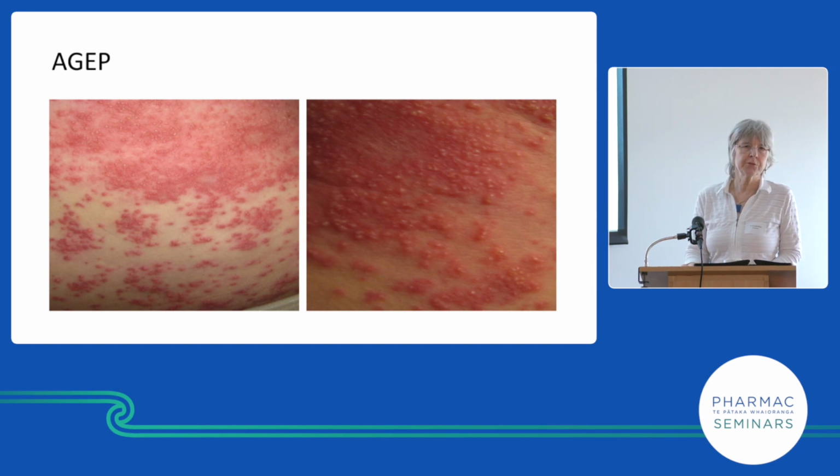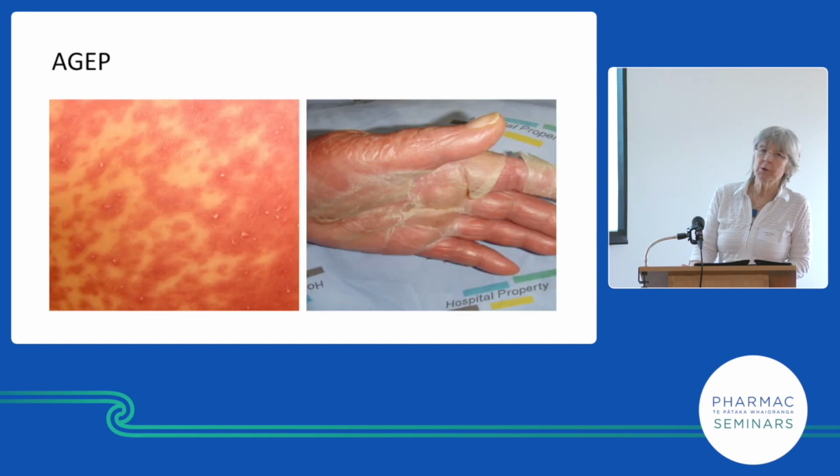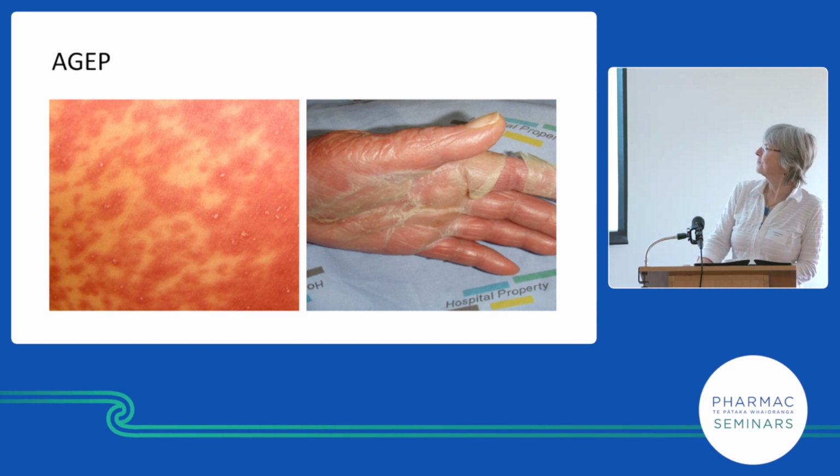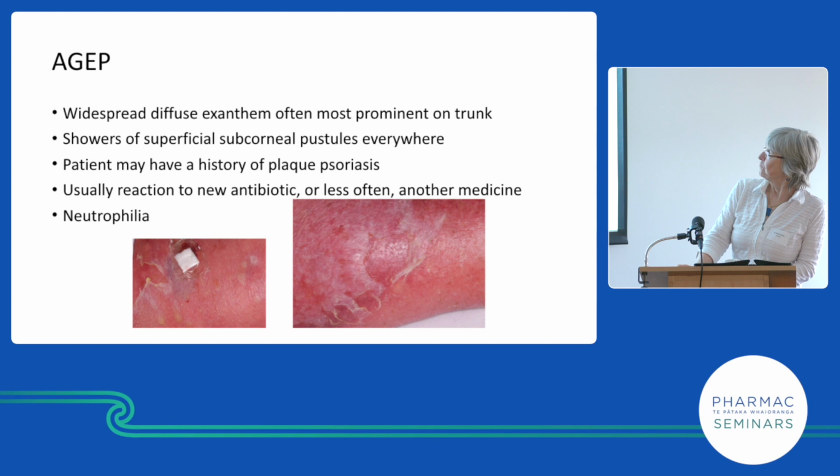Psoriasis is a neutrophilic disorder, in part. And when it peels off very dramatically, they get fabulous strips of skin that you can peel off. And the pustules are very, very superficial.